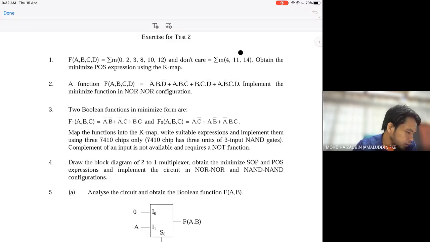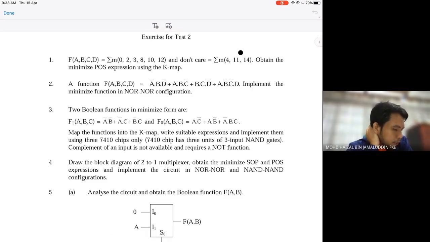Okay, so question number 2: function f of a, b, c, d given by that equation. Implement the minimized function in NOR configuration.